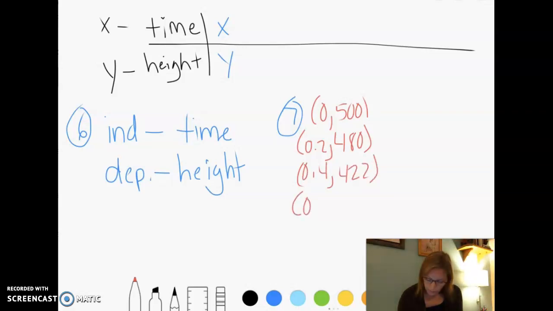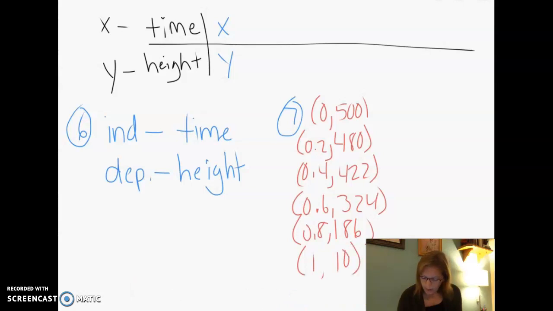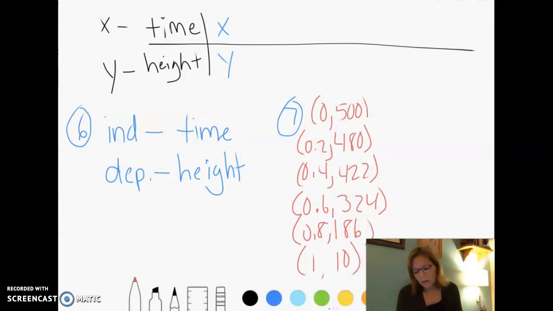I have 0.6 and 324, 0.8 and 186, and last I have 1 and 10. So remember, x values is all of my time, how long it took for it to happen, and the y value is all of my height, how high it was up. So let's keep going. That was number 7.